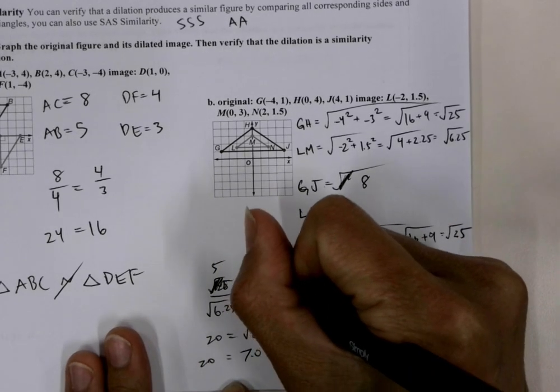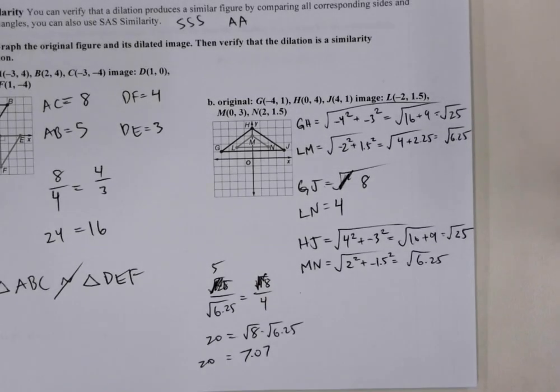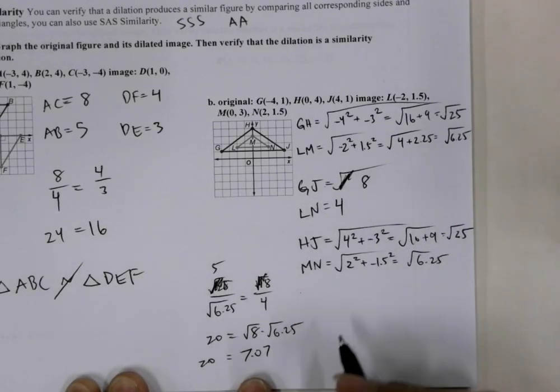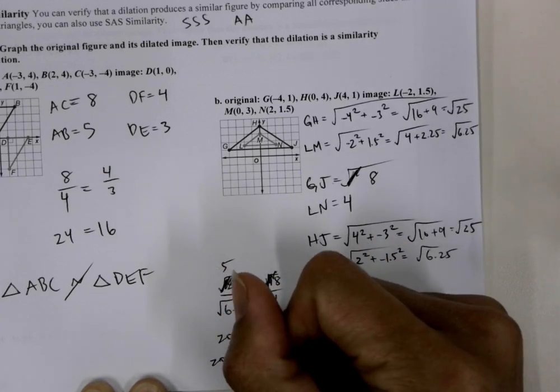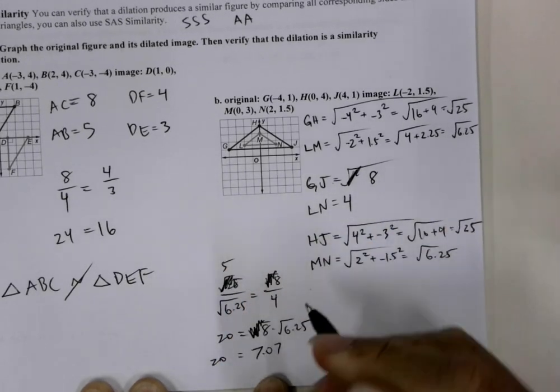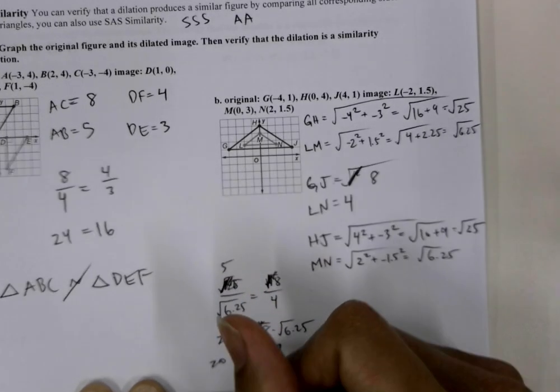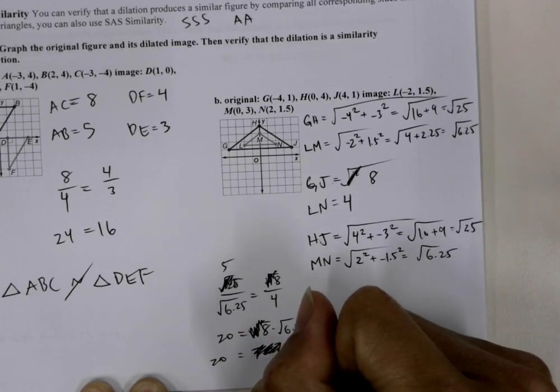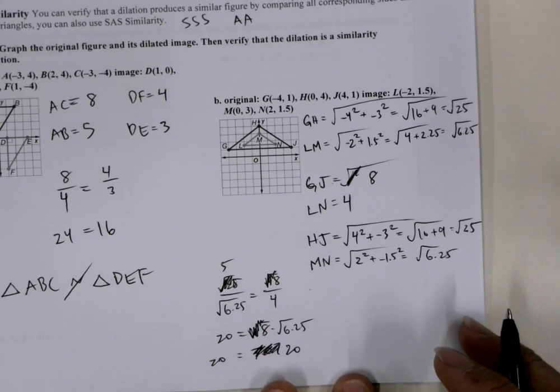Oh my gosh, shoot, it's 8. And that's still not true. So let's do 8 times square root 6.25. Oh, that is true. It's 20. Okay. So if we're doing 8 times square root 6.25, then it does equal 20. Okay, so far so good, right?